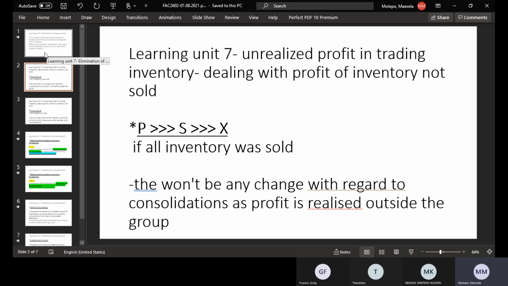We as the group know that we have a profit of 200 that needs to be deducted so that it will be realized in future financial years. So we subtract the 200 from our closing inventory, while P Limited, the parent, has to decrease its profit by debiting the cost of sale. So we as the parent reduce our profit, while the subsidiary reduces the inventory.